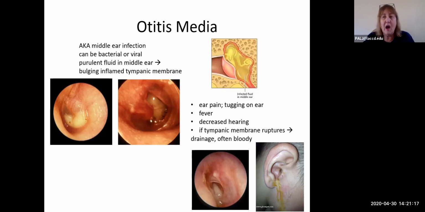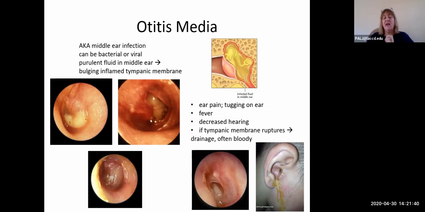But oftentimes, and with one of my children, he wasn't a little kid, he was much older when he had this, you don't realize until you see your child in the morning and you have all this crusty drainage on their side of their face because the eardrum ruptured and the pus back there drained out. And so that's what this bottom picture is showing. As you can see, it's still inflamed, but it's a lot less inflamed, and you can see the pus draining out at the bottom.